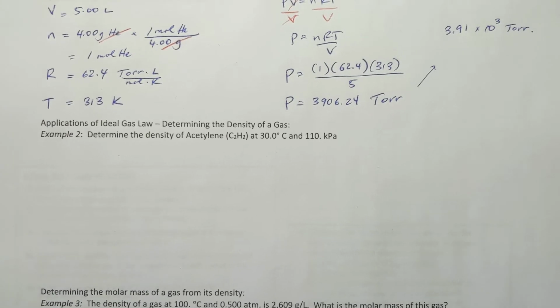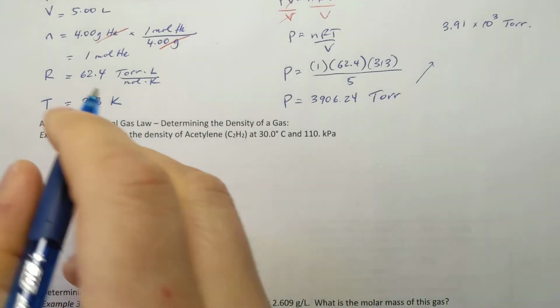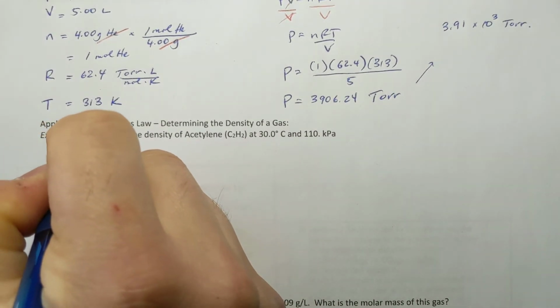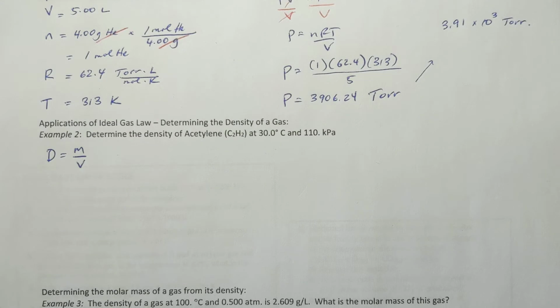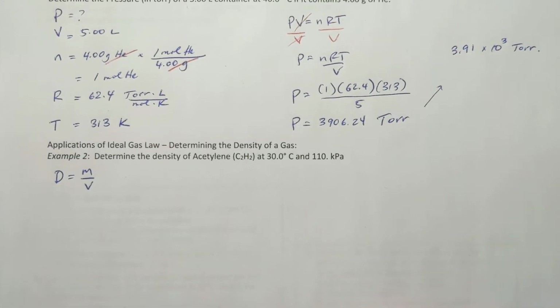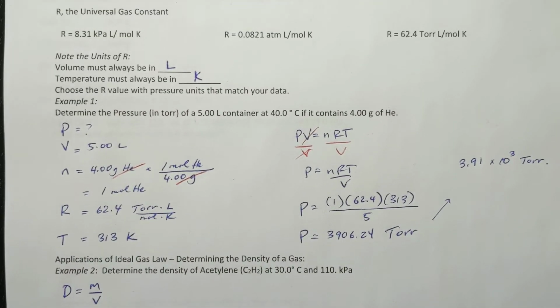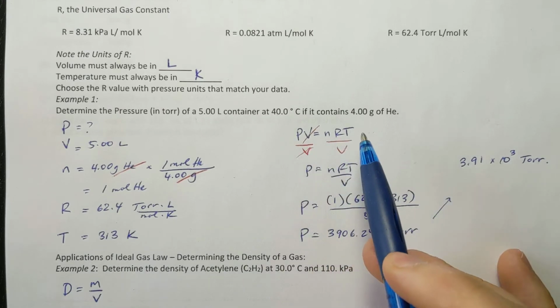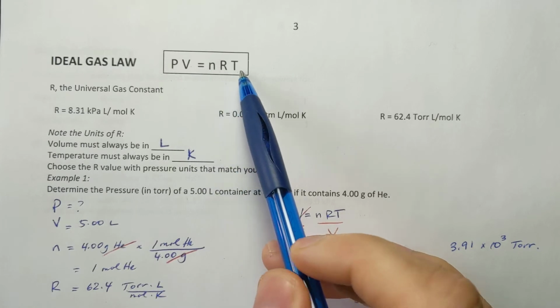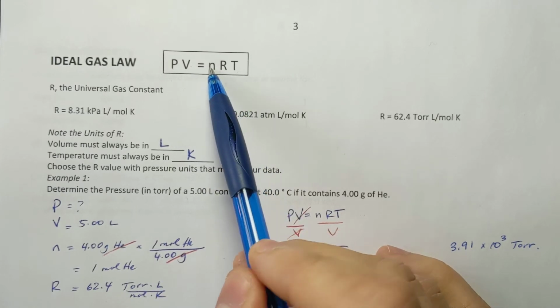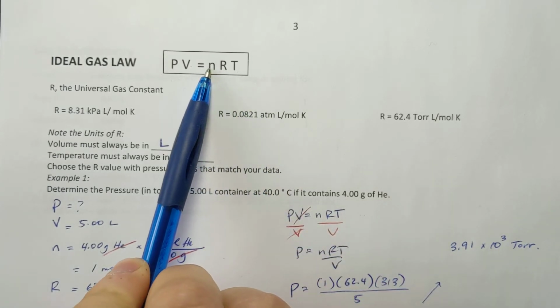Applications of the ideal gas law: determine the density of a gas. Just so you're clear, density is equal to mass over volume. But in the ideal gas law, PV is equal to nRT, we don't have any mass values in here, but what we do have is moles.